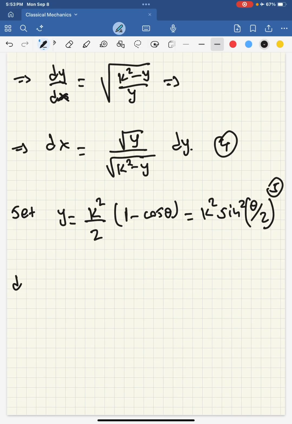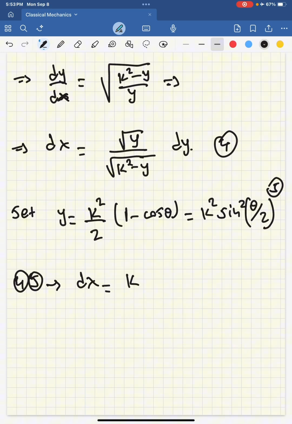So from 4 and 5, we can write that dx is simply k, the square root of y is k sine theta over 2, and then dy stays there.